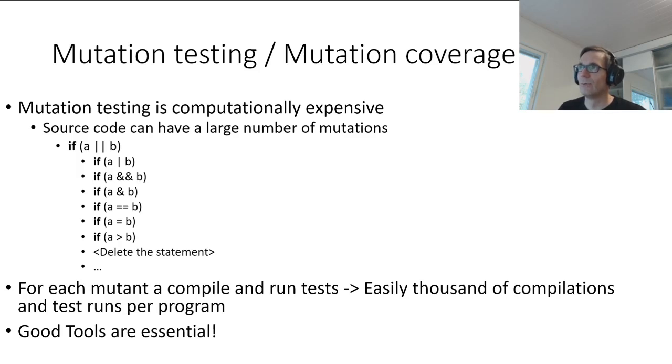If we go from A or B to A is equal to B, then again we need to compile and run the test. And this is only one line of code. And if we consider we have thousands of lines of code, well, we easily end up with thousands of compilations and test runs per program, probably even millions. So therefore, good tooling is really essential in mutation testing.